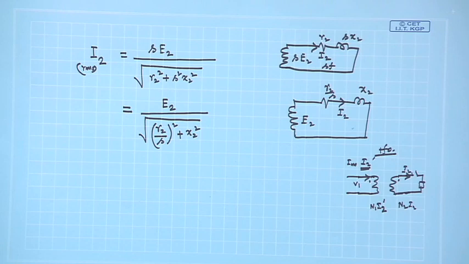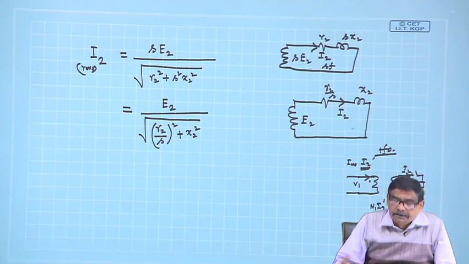That is, in other words, what I am telling: if you have an unloaded secondary of a transformer open circuited, current drawn by the transformer primary is magnetizing current.